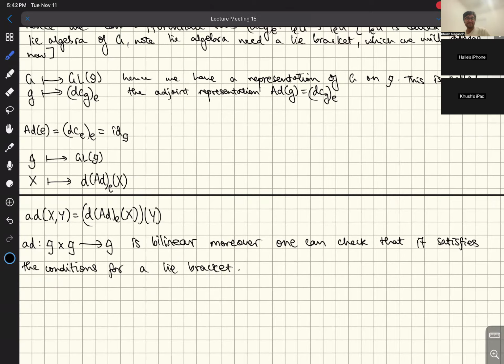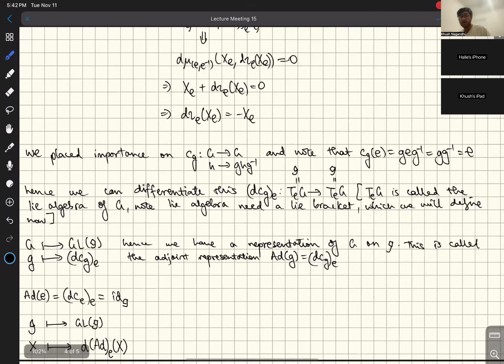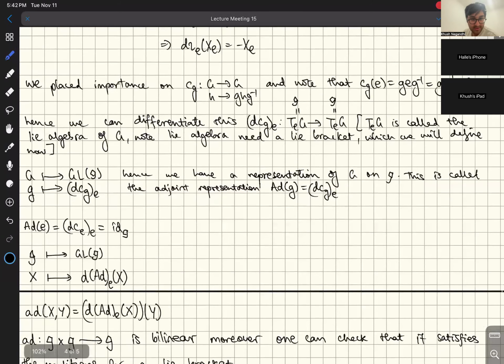This will play a very important role when we eventually talk about Lie groups in more generality. So everything I've mentioned, I will reiterate later on as well. But this is just something that I wanted to make you aware of.